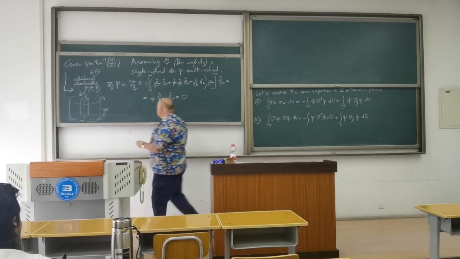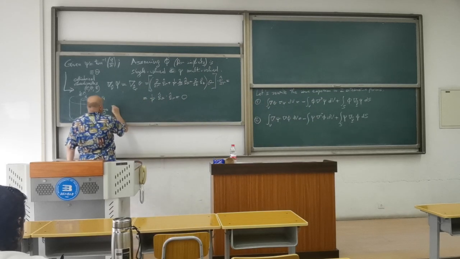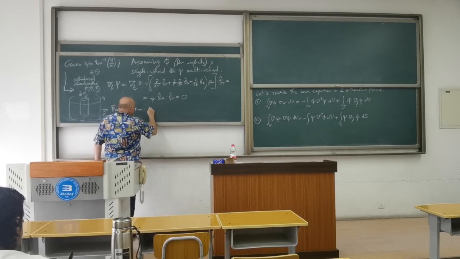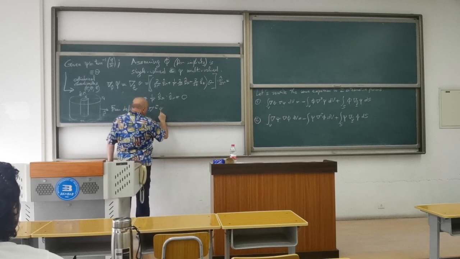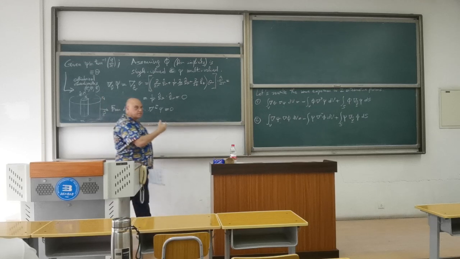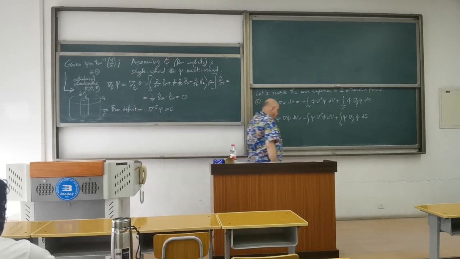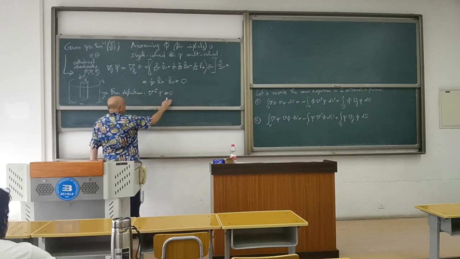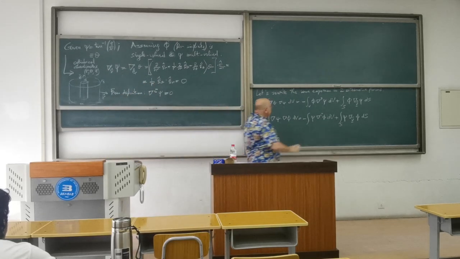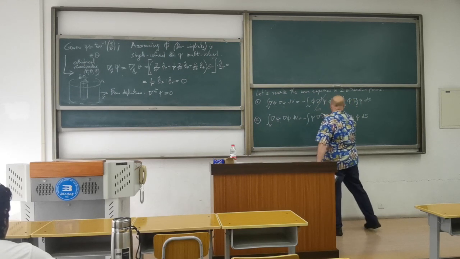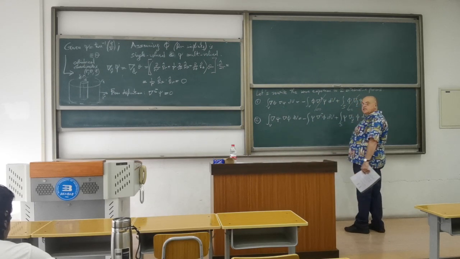We saw from the definition that the Laplacian of psi is 0. By definition, we took psi and worked out the divergence of the gradient, and this is 0. So this is also 0. Very good.